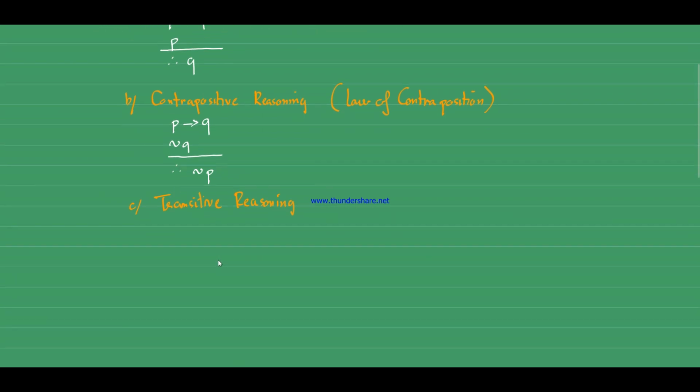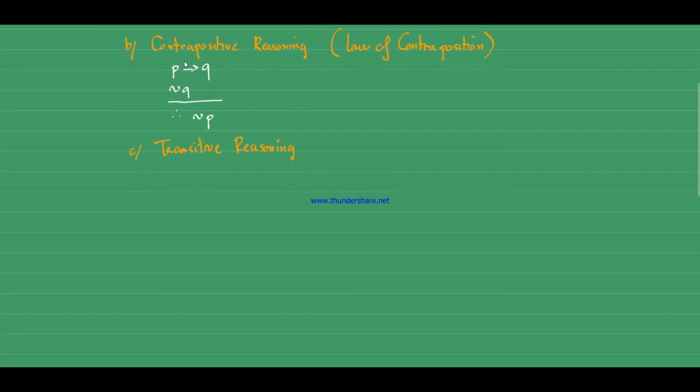It's just weird. Okay, so the transitive reasoning, we have another name. We call that the law of syllogism. I don't know how to pronounce this word right here.